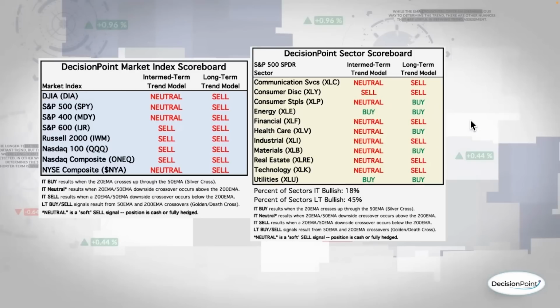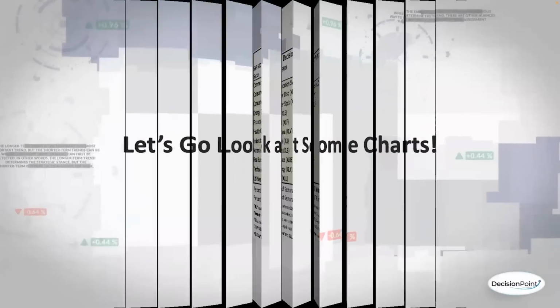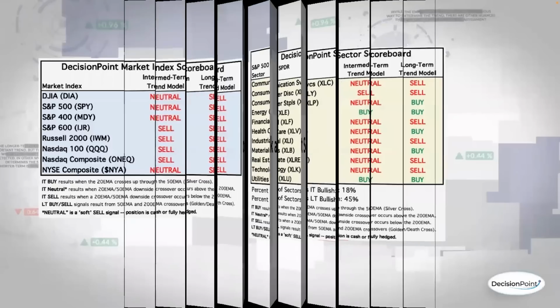So we're seeing the only long-term strength, and let's face it, Dad, when we look at those sector charts, that long-term strength is suspect for sure. Right, especially right now with healthcare, that's the next one that's going to lose the long-term buy signal. And I expect before this is all over, all of these, except for energy, I think energy is going to survive, but I expect most of the others are not. So, all right, let's go look at some charts.